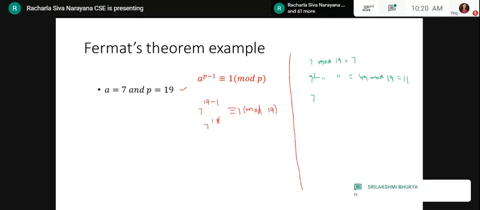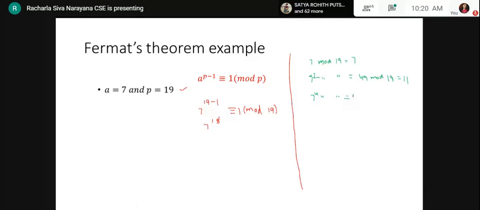Next, 7 power 4 mod 19. We can write 7 power 4 mod 19 as 7 square mod 19, whole square mod 19. This is the modular arithmetic property. 7 square whole square means 7 power 4.